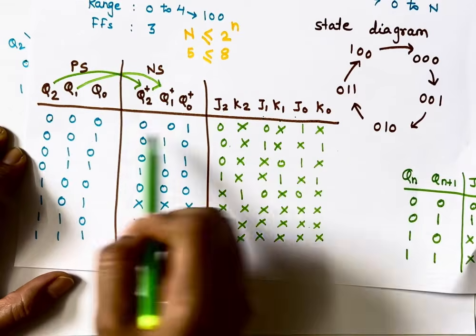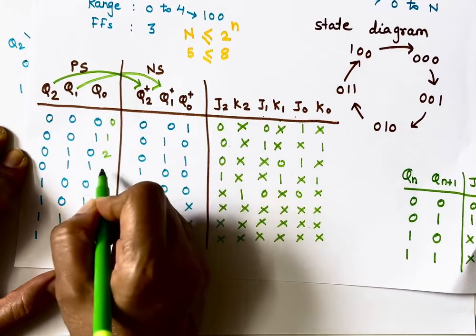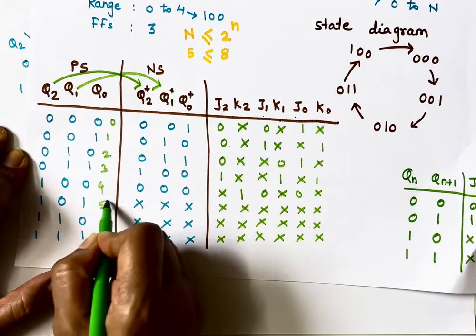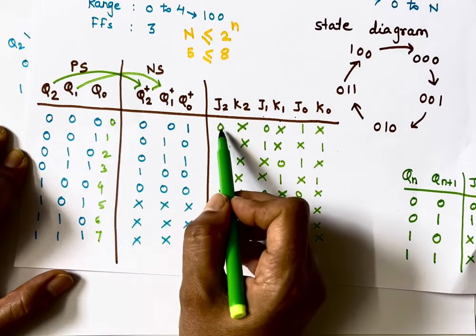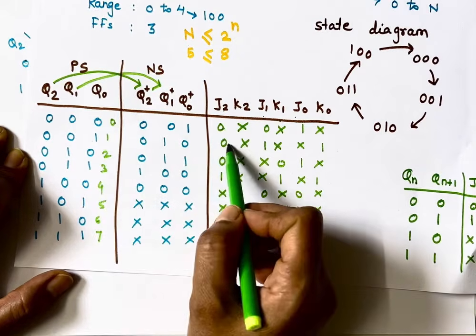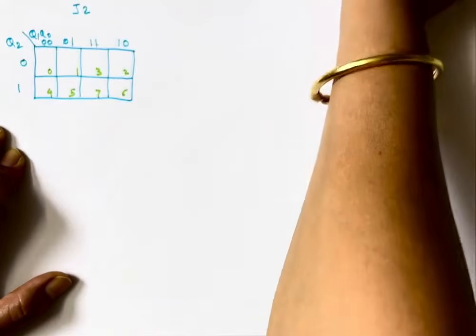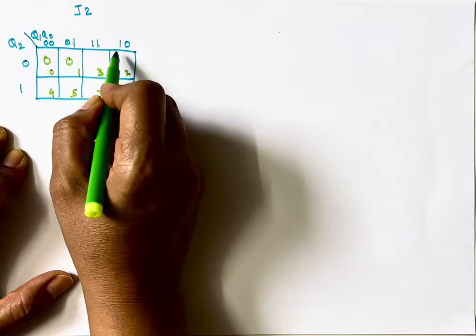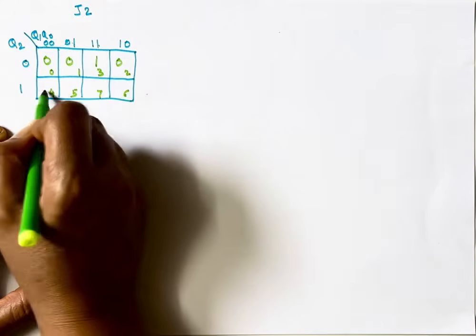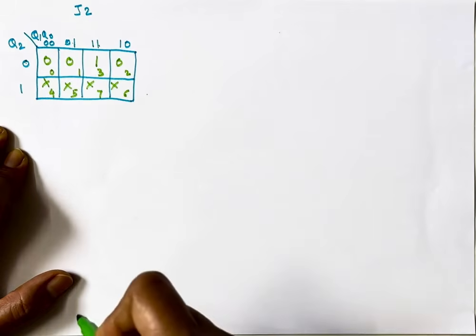That is, for 0 it is 0, for 1 it is 0, for 2 it is 0, for 3 it is 1, and all the remaining values are don't cares.